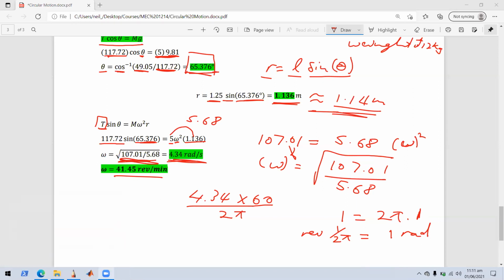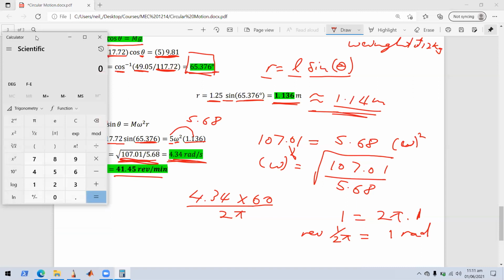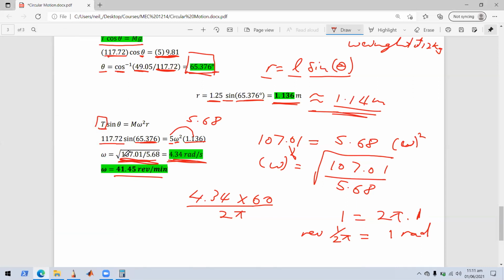How did you know it's rads per second there? Well, not because we're using the degrees. You're going to find this answer in degrees, but if you put degrees or rads into this function, it's going to output the same thing.